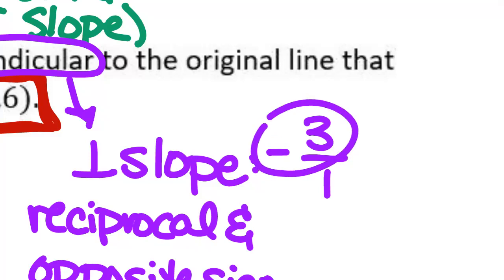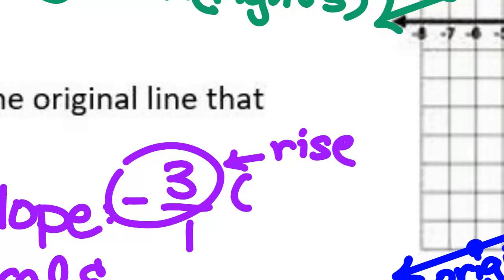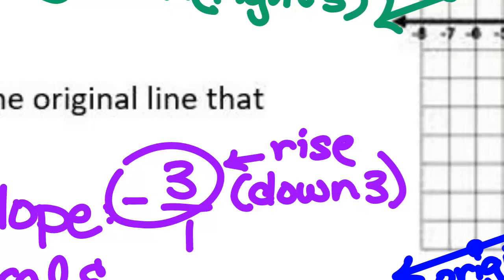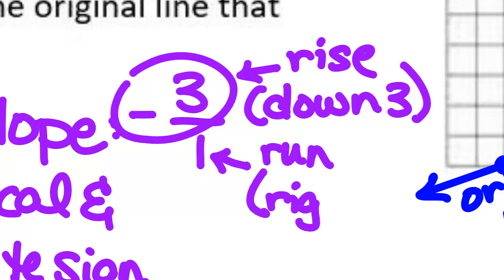I take care of that with the rise. So my numerator is -3, which means I'm going to go down 3. Since I put the negative sign with my numerator, my denominator is a +1. This is my run. Since it's positive, I'm going to run to the right 1.